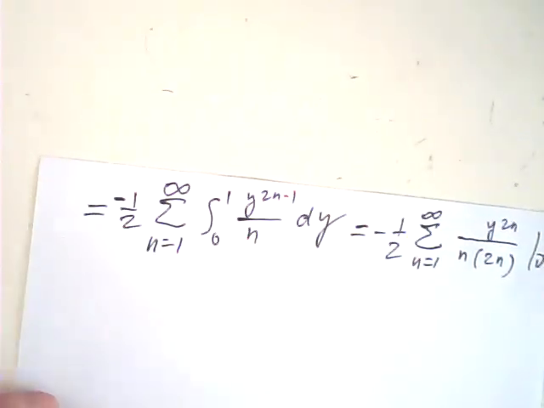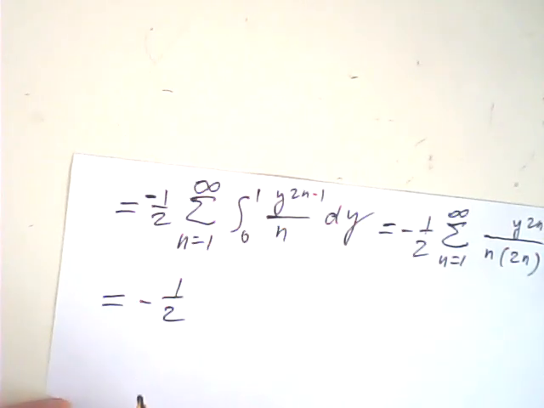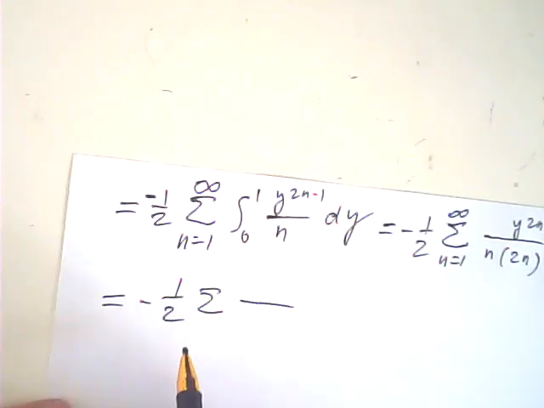All right. Then this is minus half sigma 1 over 2n squared.